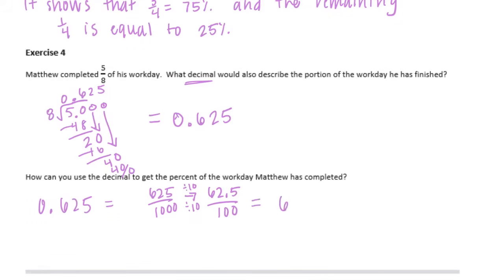So that would be 62 and 5/10%. Another way that you can think about it is we just need to multiply the decimal by 100. So you could just shift the digits 2 places to the left and you would get your answer. So it's multiplying by powers of 10, which is something we learned in 5th grade.